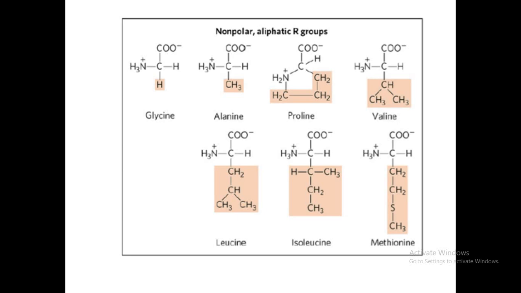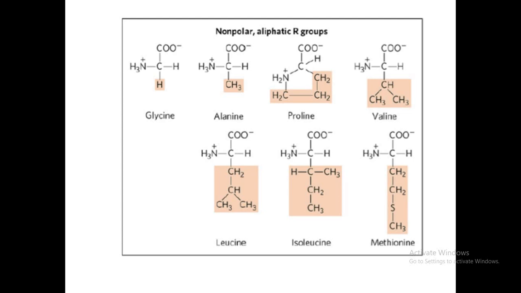So what does it mean? It means that when these amino acids assemble together to form a polypeptide chain, so you know, a thousand amino acids assemble together. How they assemble we will discuss later, but first of all you have to understand that when many amino acids join together, they form a polypeptide chain.